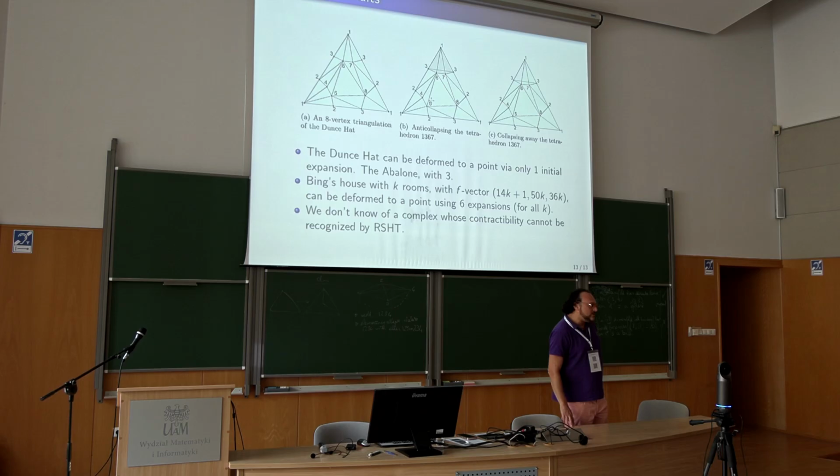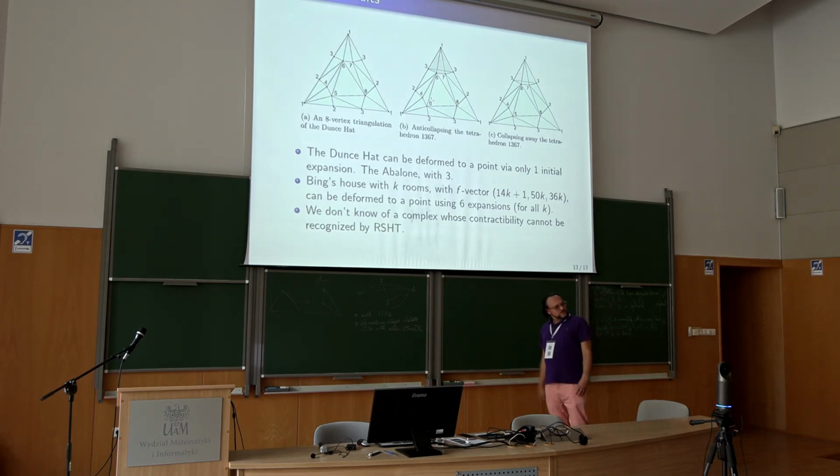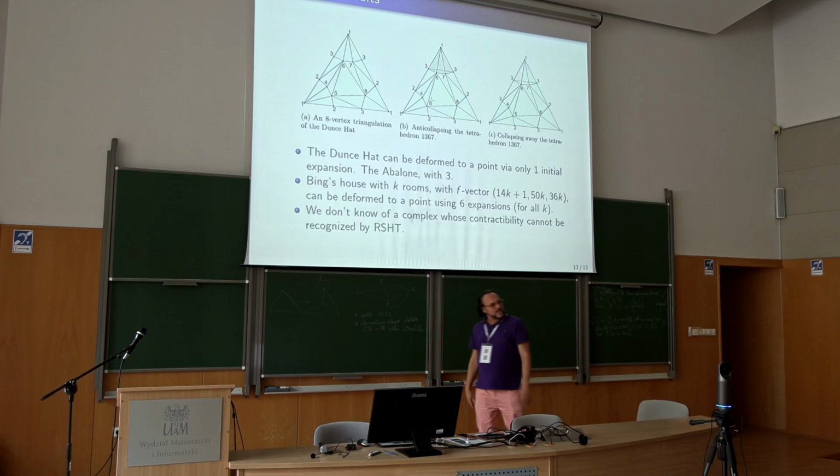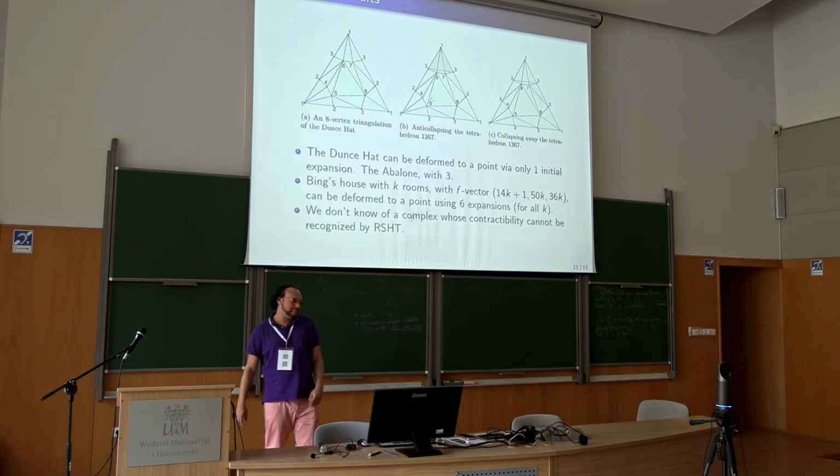But our collapses and anti-collapses are special in 2 ways. One is that we only go up by one in dimension, and already this restriction is unclear. I think it's a major open problem whether, by just going up by one in dimension, you can reduce every contractible complex to a point. It's equivalent to a famous conjecture, whose name now escapes me, Andrews-Curtis something.